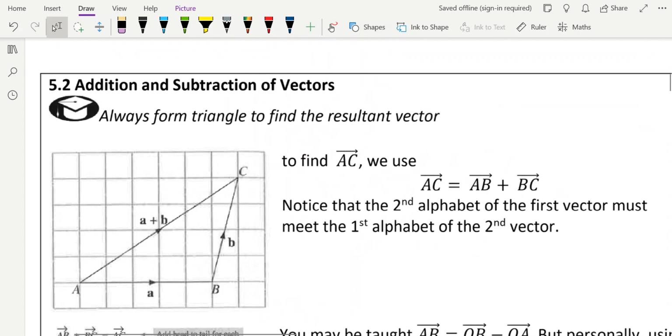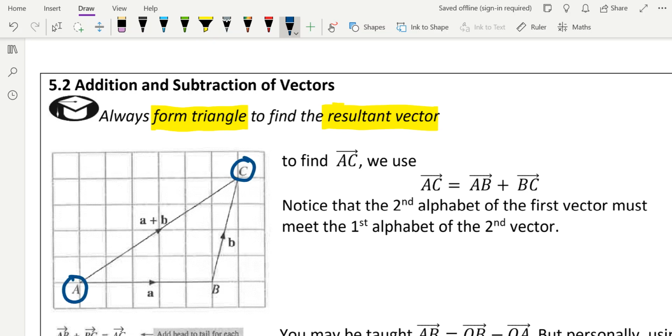Next, when we want to find the resultant vector, always look for a triangle. What do I mean by that? Now, this is A, this is C. To go from A to C, I always use this MRT example. Ang Mo Kio, you go to Bishan first, then from Bishan take another train to Chinatown.